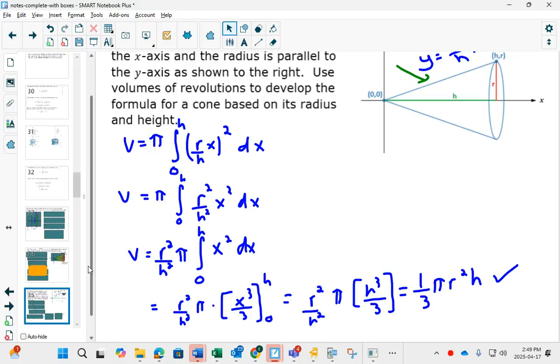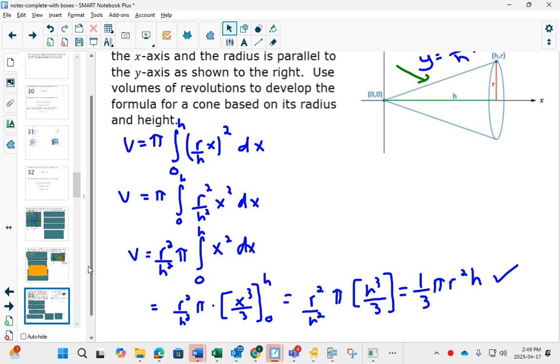Most likely, I haven't read up on my volumes of cones lately, but I'm quite certain that mathematicians thousands of years before calculus was officially created, discovered, whatever verb you want to use, ancient Greeks would have known volumes of this.